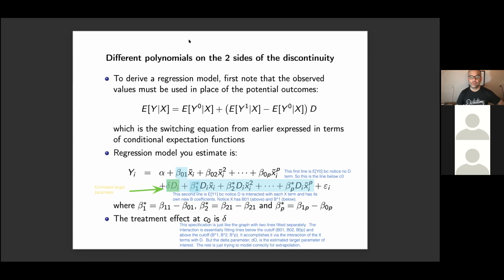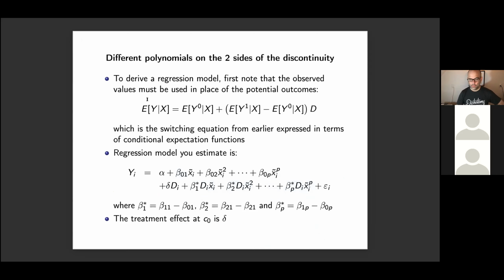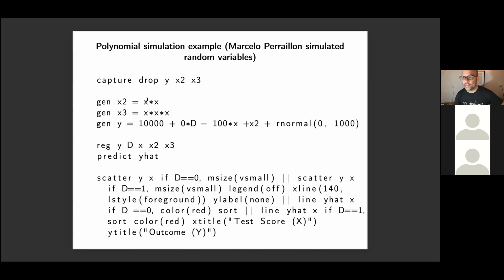Let's go back through and do the same kind of simulation as before, from Marcella's code. Now we're going to have a data generating process based off of X and X squared.